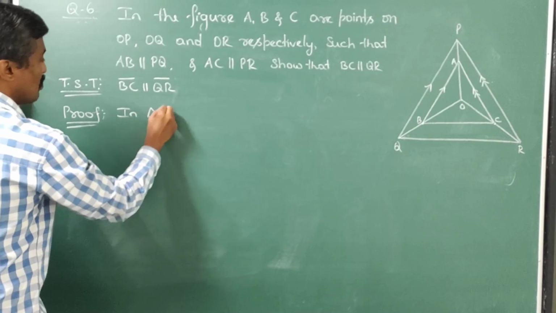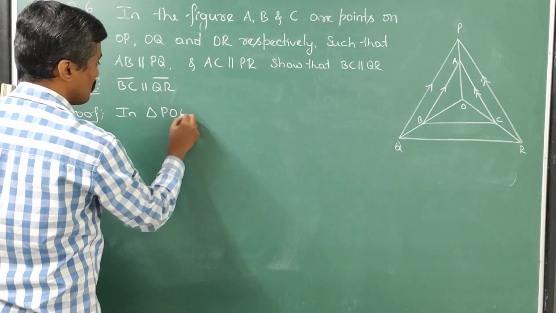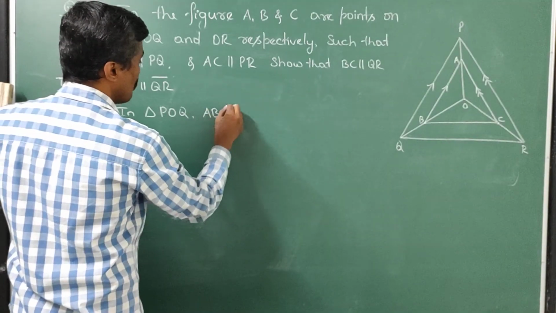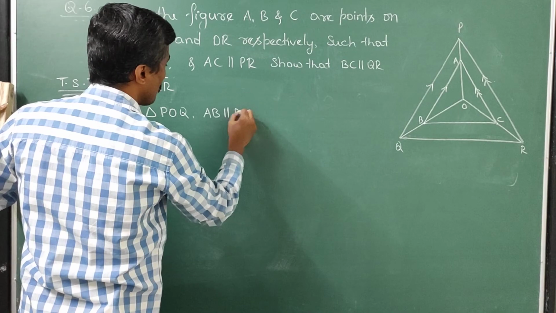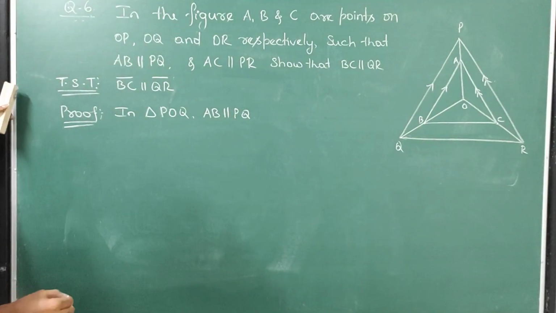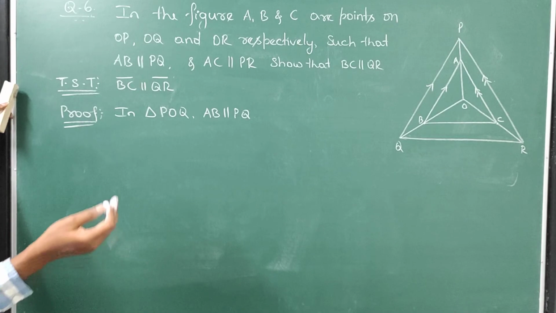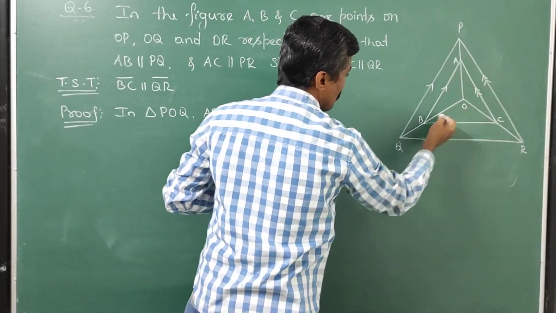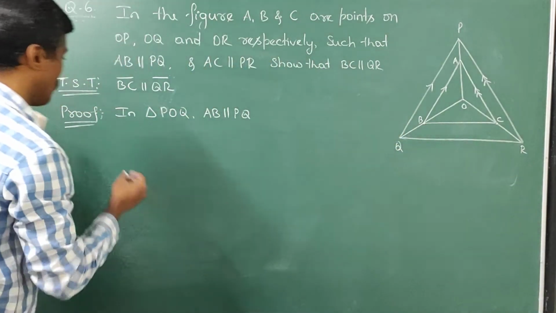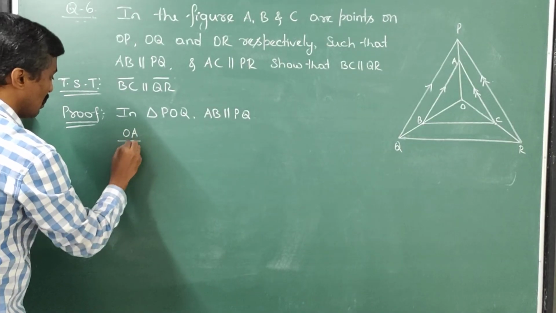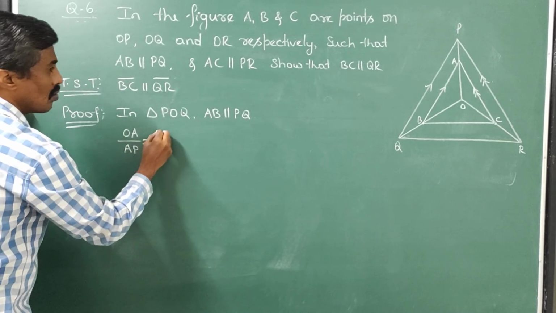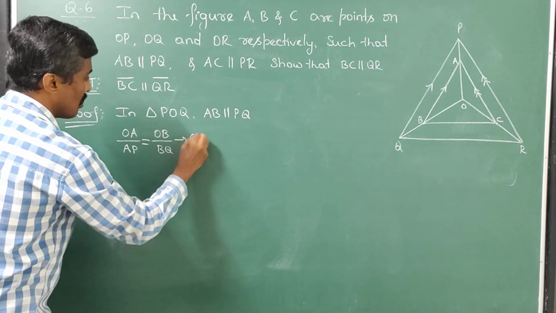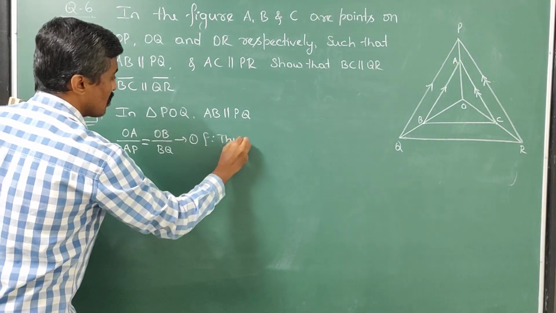In triangle POQ, AB is parallel to PQ. So according to Thales theorem, let me start from O: OA divided by AP is equal to OB divided by BQ. Correct? OA divided by AP is equal to OB divided by BQ, number 1, according to Thales theorem.